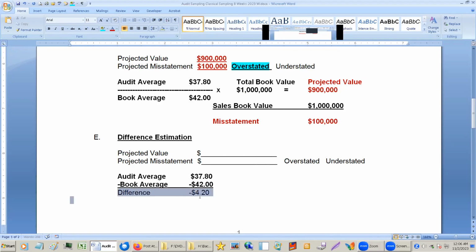So here's what we're saying. They have to take $4.20 out of each item. So each item needs to be decreased in value by $4.20. And we're going to multiply that by the total number of items. So there's 25,000 sales.